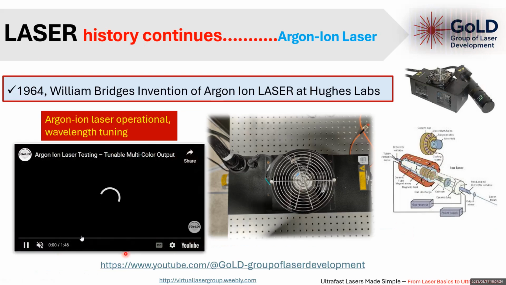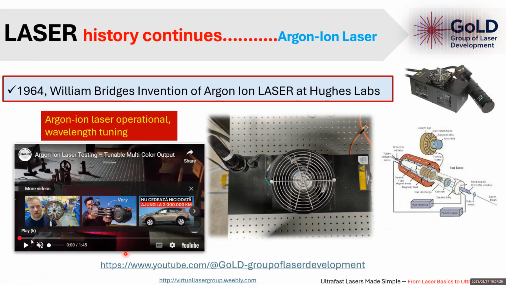This is the argon ion laser. Argon is a gas, definitely an inert gas, but in this kind of laser the argon is used in ionized form.